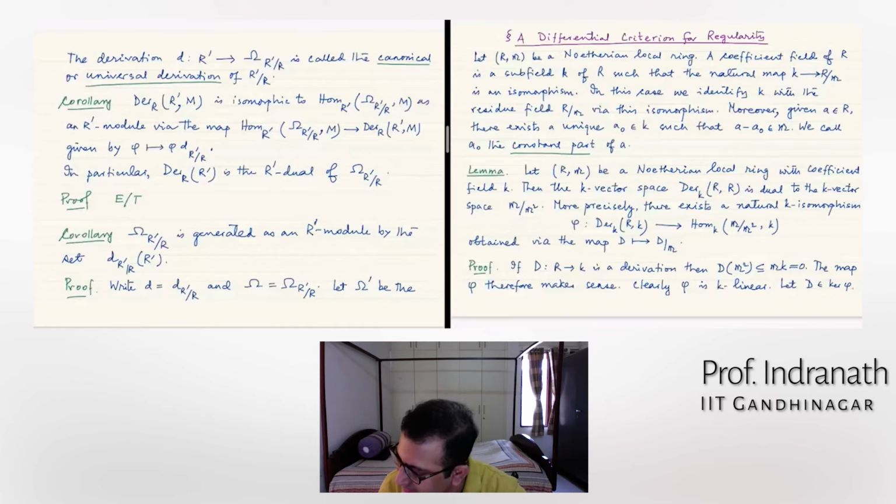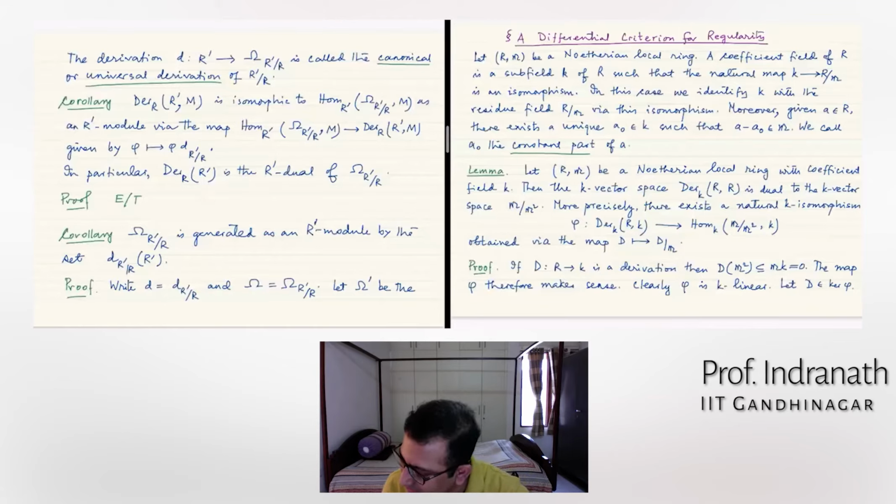More precisely, there exists a natural k isomorphism from Der_k(R, k) to Hom_k(M/M², k), obtained by the map D going to D restricted to M. Okay. So you can understand that this is something similar we have already said here.